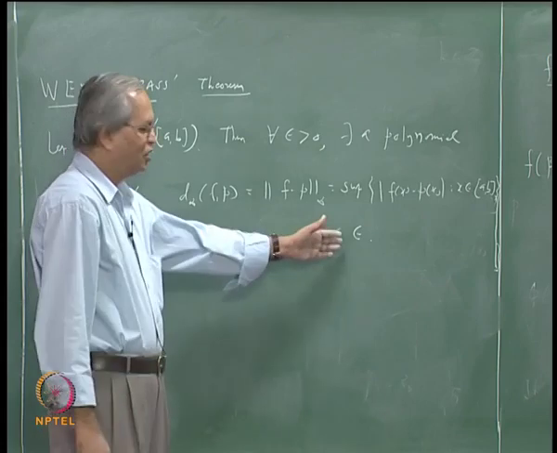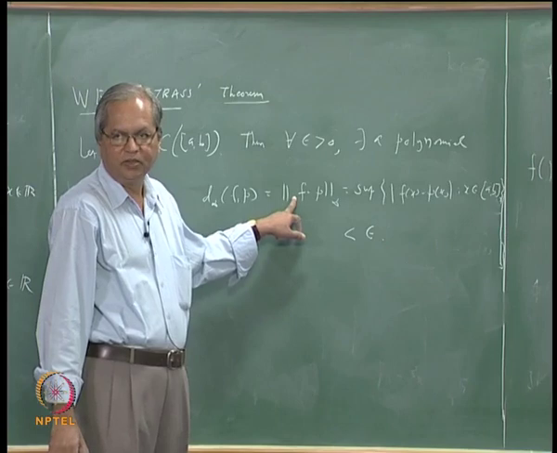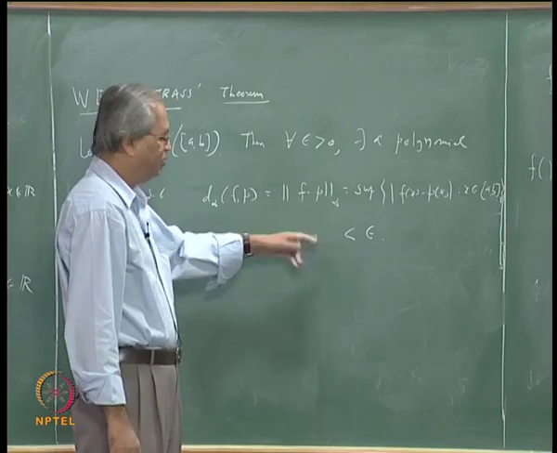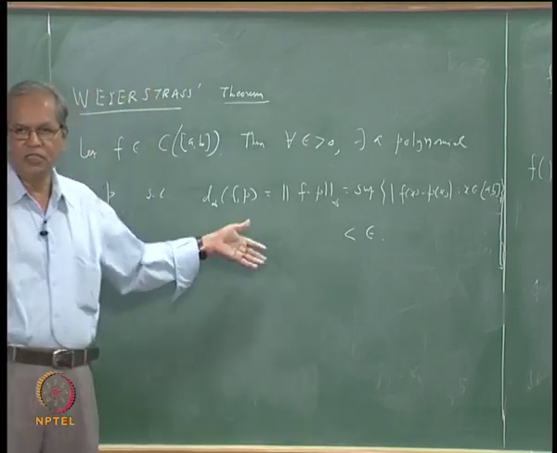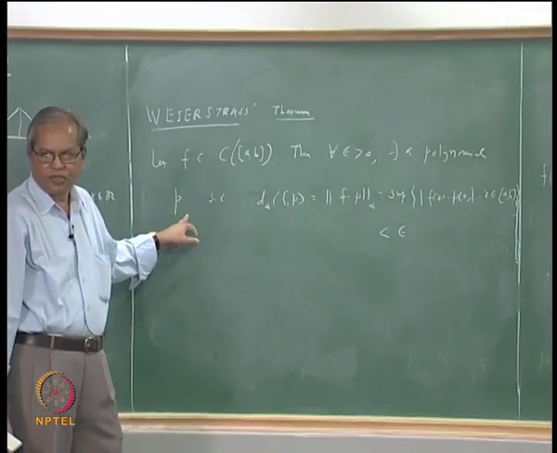So if you take this epsilon as 1/n, you can find a corresponding polynomial Pn such that the distance between f and Pn is less than 1/n, and that sequence Pn will converge uniformly to the given function f. That is the idea.